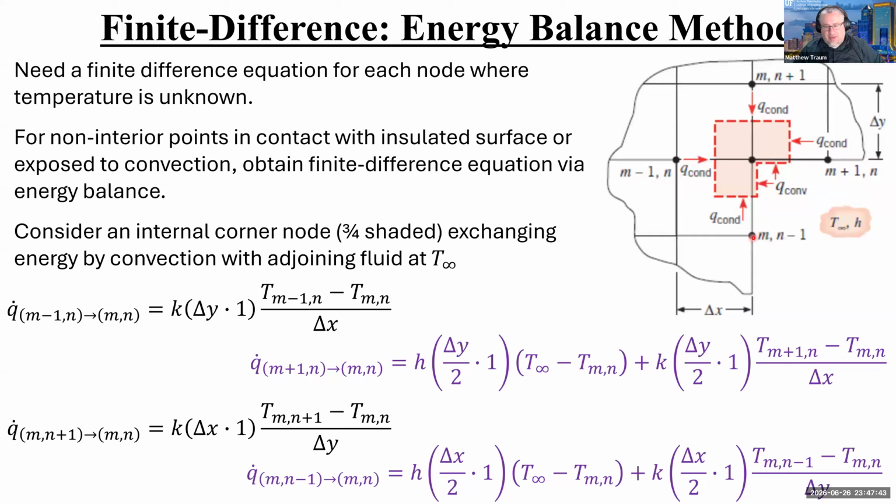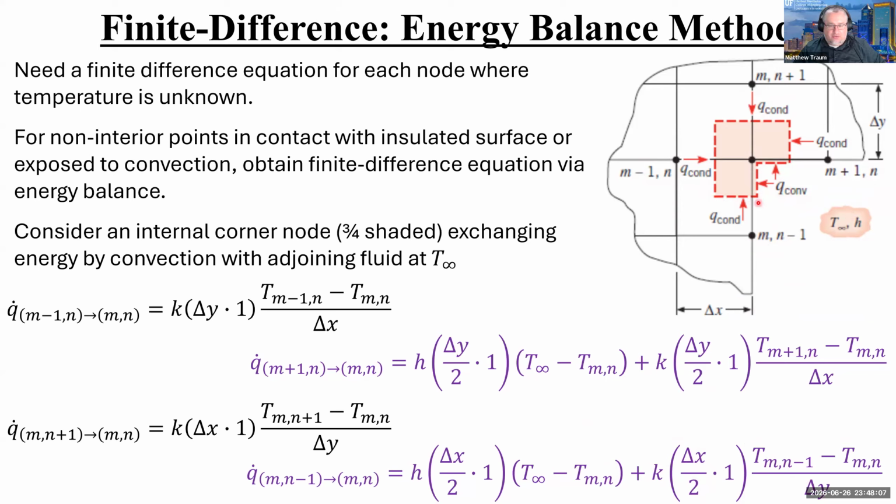Here is the conduction part, which is just the same as before, except the area that the heat is traversing through is half of the total area. Why? Because there's only half of the area there. This is the solid, this is the air. So that's where this 1/2 comes from.